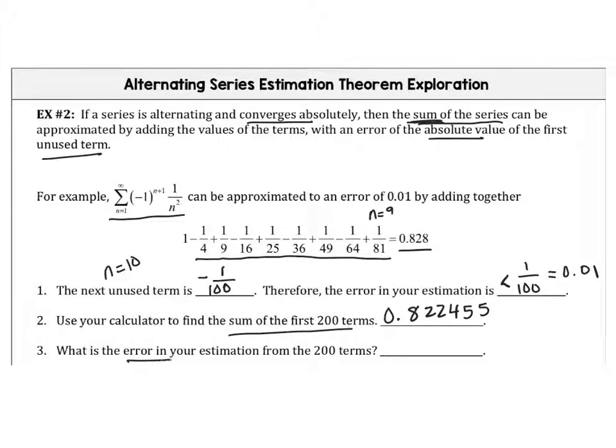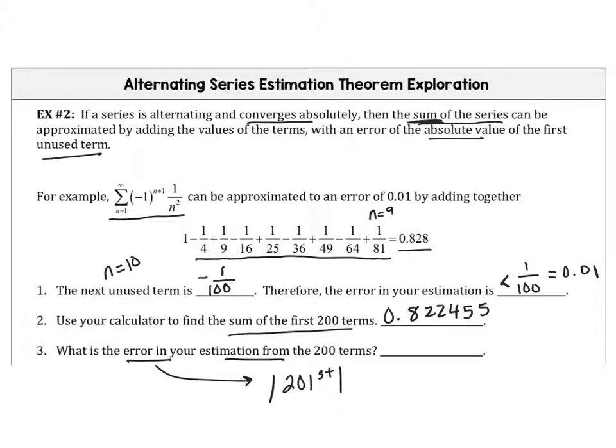So what is the error in our estimation? Well, that's going to be the very next term. If we look at the next one, it's really the absolute value of the 201st term. That's going to be that error approximation.